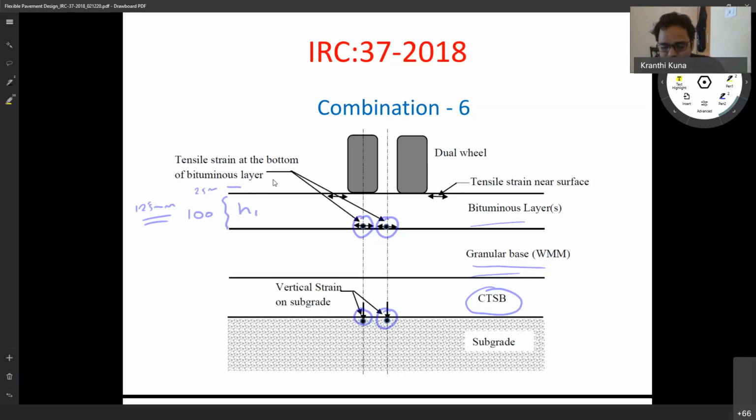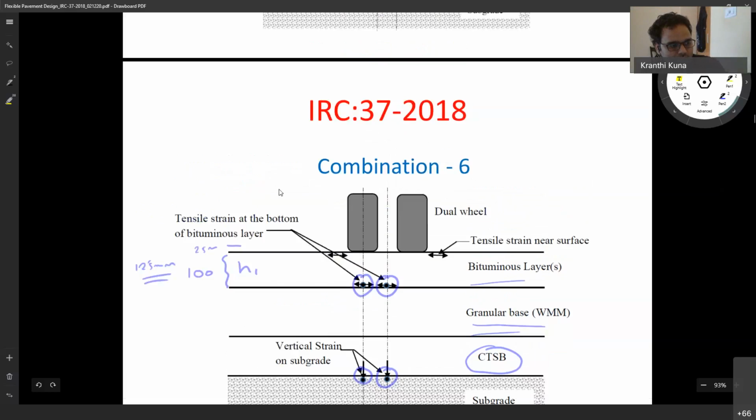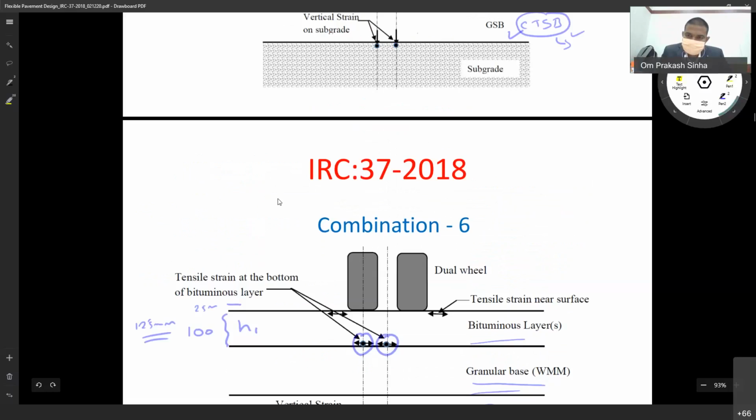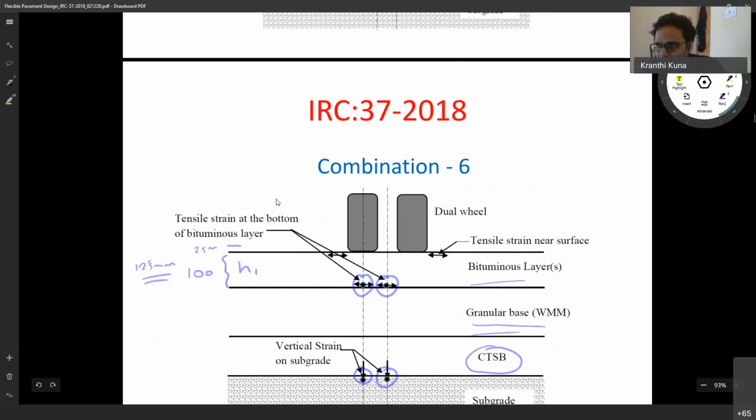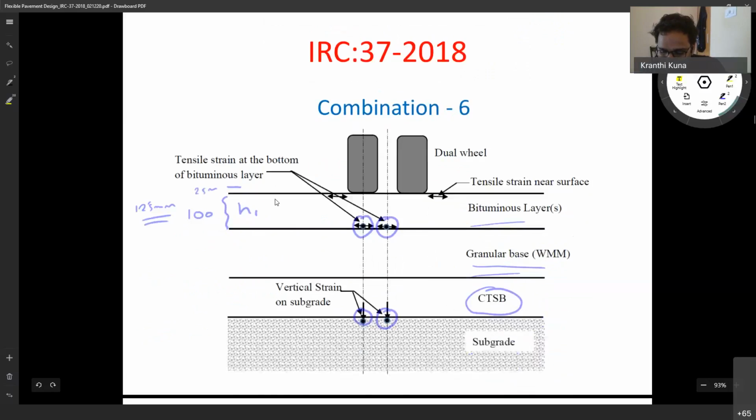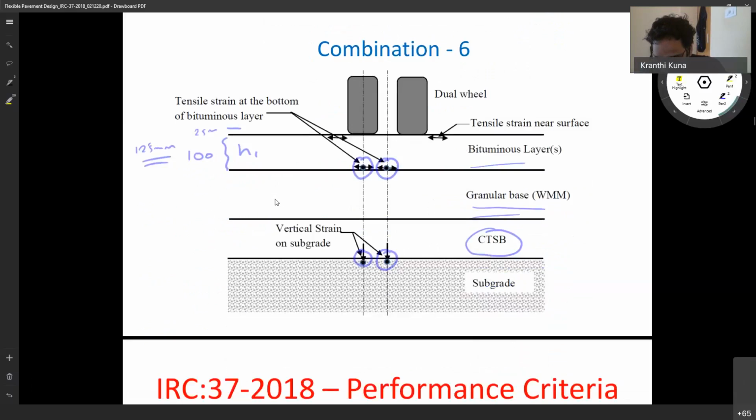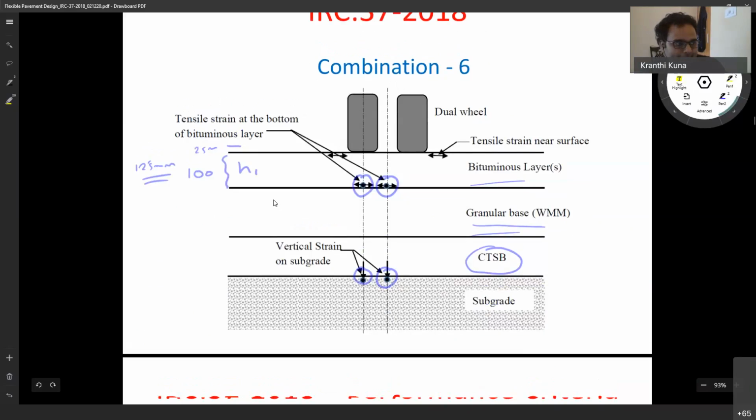So it has the same effect as the other bituminous layers like BC and DBM. In theory, not, but according to IRC 37, that's how we have to analyze. We can assume it will have the same effect. Okay, sir. Thank you.